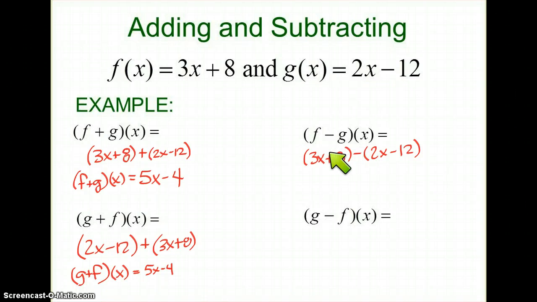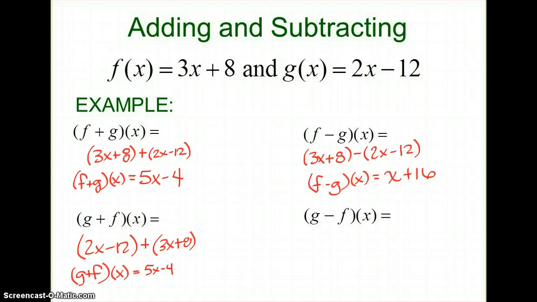So when I combine like terms, I distribute the negative, which makes that minus 2x. Let's do this, f minus g of x. 3x minus 2x leaves me with just x. And then secondly, 8, distribute the negative, minus negative 12, actually ends up being 8 plus 12, which is plus 20. So f minus g of x is x plus 20.